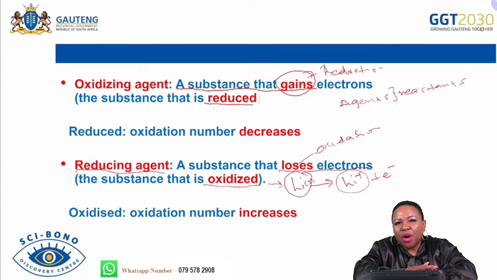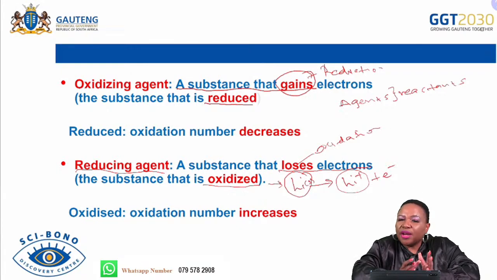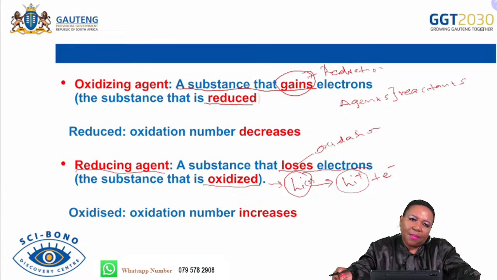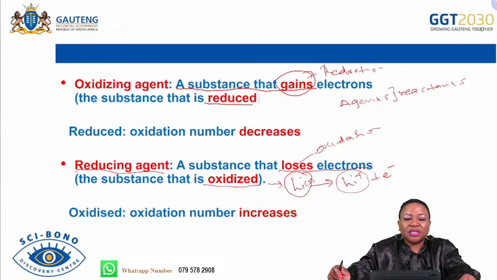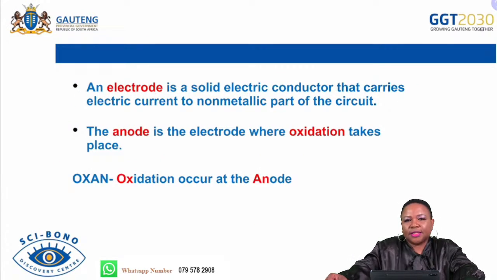Therefore, when you are saying you are being reduced, you must also know how you are being reduced, from where to where. That is a very correct scientific way of explaining these agents. To say if you are undergoing oxidation, what will you become on the side of the product? Because as I explained, our agents will always be found on the side of the reactants.